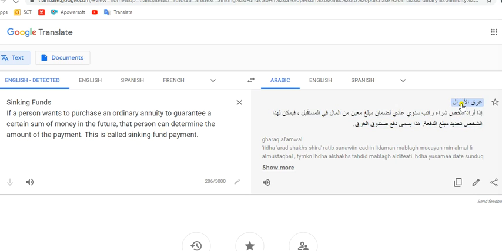So this is sinking fund again. If a person wants to purchase an ordinary annuity to guarantee a certain sum of money in future, that person can determine the amount of payment. This payment is called sinking fund payment. So I hope you can understand with this Arabic.